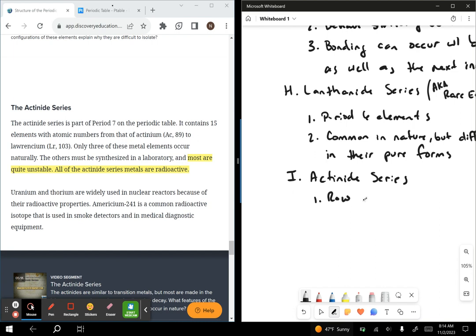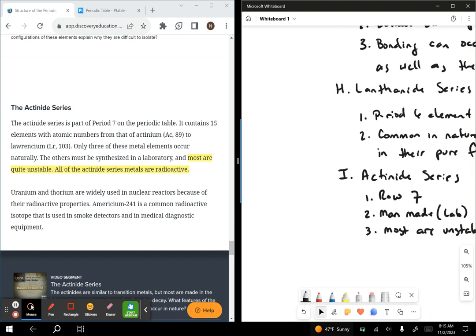Row or period number 7. Okay, so they have 7 electron orbitals. These are man-made in a laboratory, right? They are unstable, or most of them are. And these two are embedded within your transition metals, okay? We could say that for both of these.